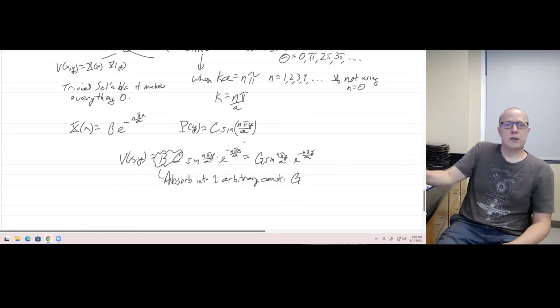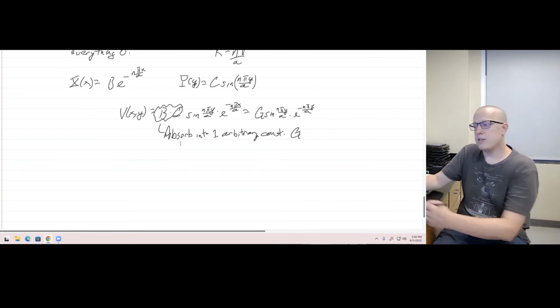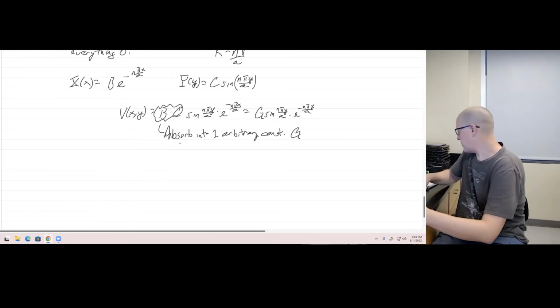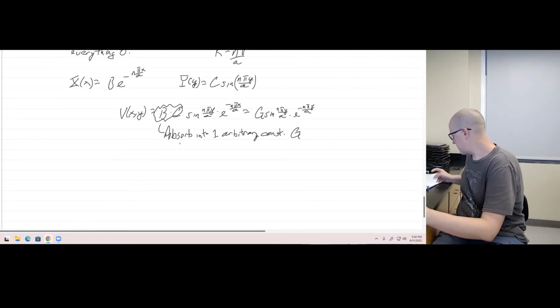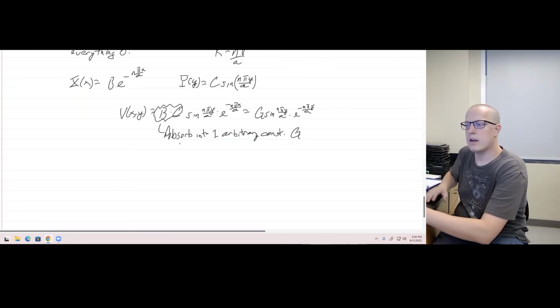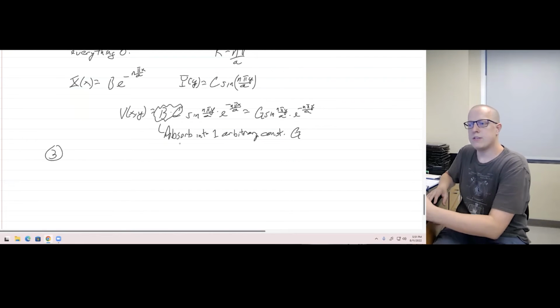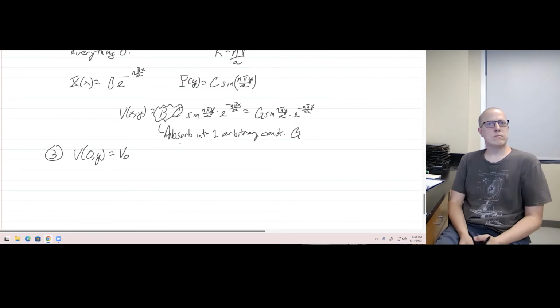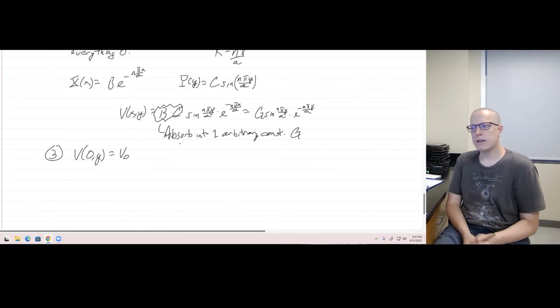Okay. So we have one more boundary condition to deal with. The last boundary condition was number, what did I write down for that one? Number 3, I think. And so this is going to be the trickiest one. We said that v at 0, comma y is equal to a constant v naught. Okay.